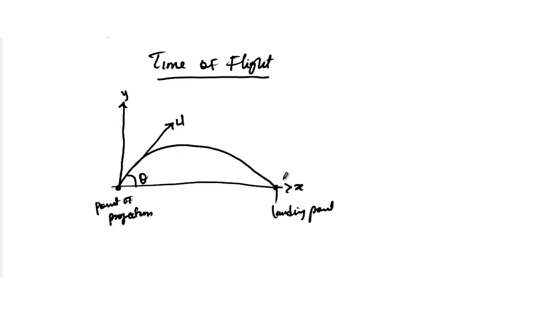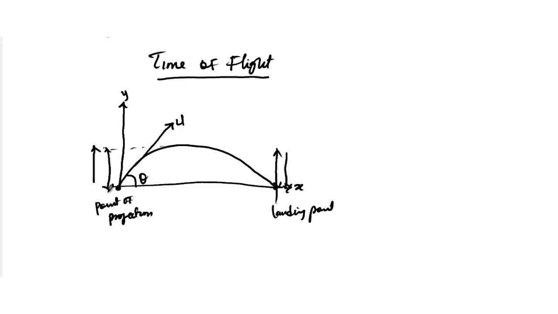For example, when this projectile travels like this, the vertical displacement corresponds to this particular height. So when it returns back, it covers this vertical displacement and also returns within the same vertical displacement.